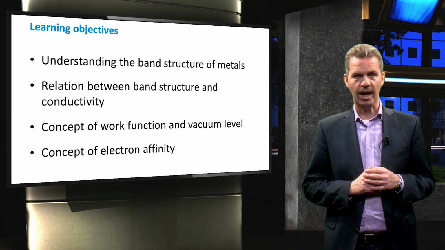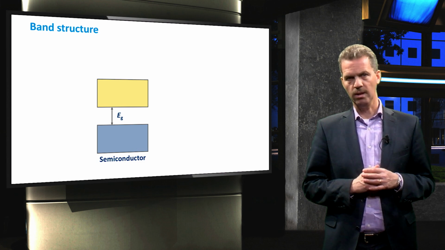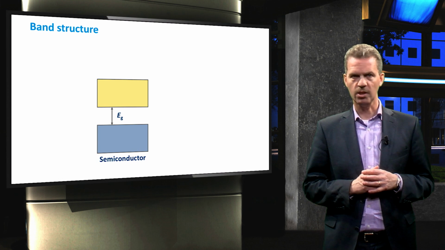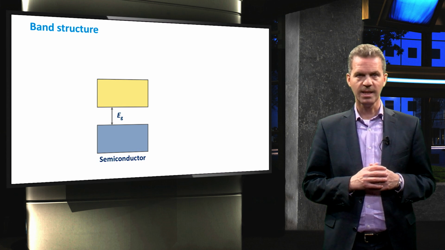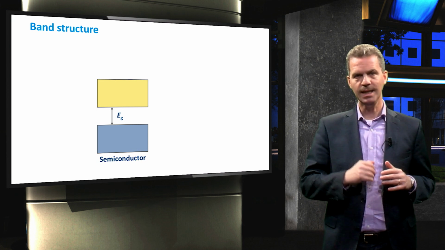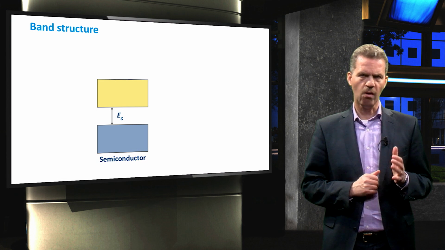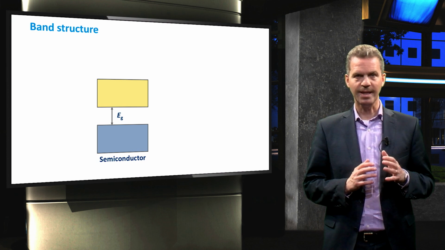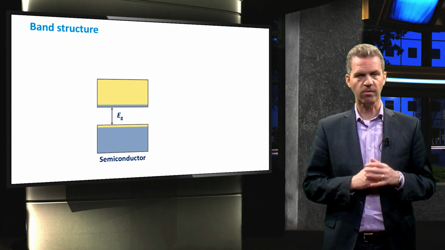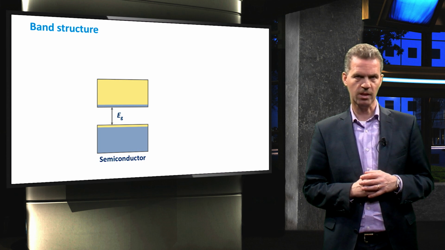Now first we look at the band diagram of a semiconductor. As you've seen before, in this band diagram we can see the conduction band in yellow and the valence band in blue, separated by a band gap Eg. For semiconductors, this band gap is in the order of 1 to 2 electron volts, and as shown before, this implies that at room temperature some of the valence electrons may be in the conduction band, giving this material its electrical conductivity.